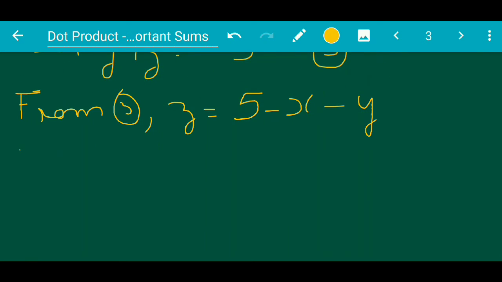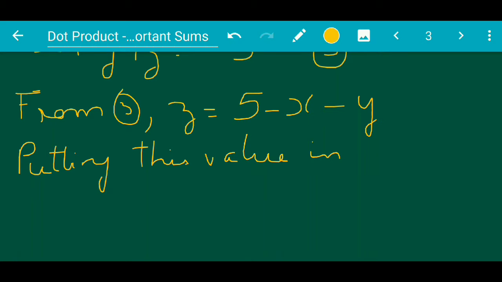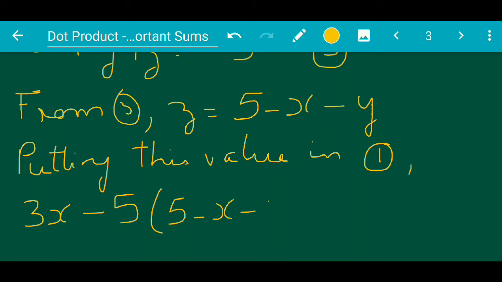So putting this value in equation 1. So equation 1 becomes 3x. It was minus 5z. So minus 5 into, instead of z we put 5 minus x minus y. On the other side it is minus 1.